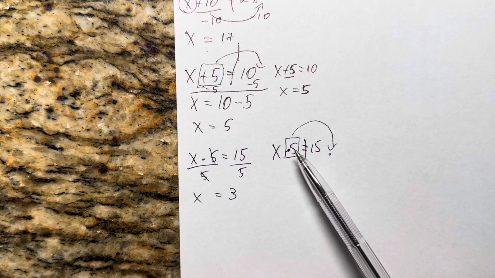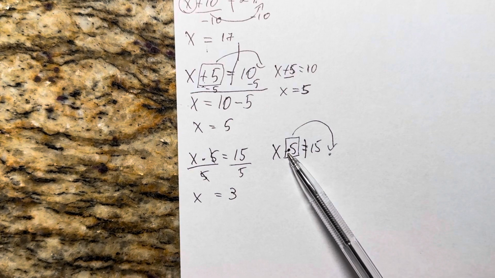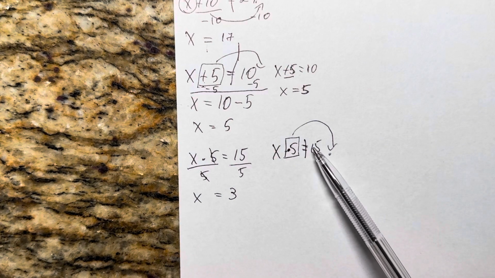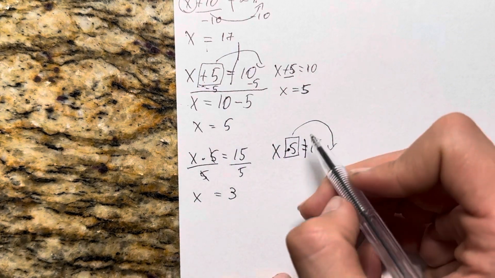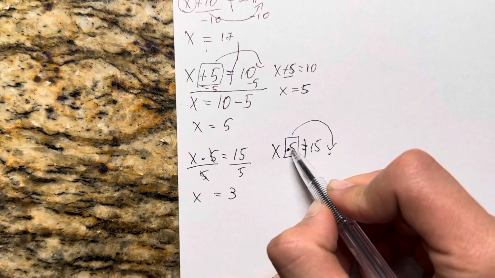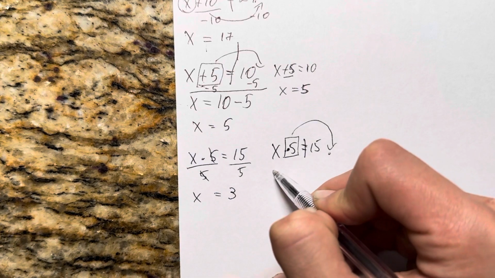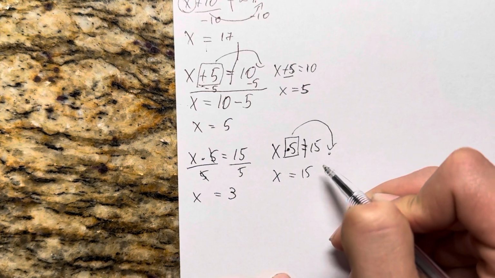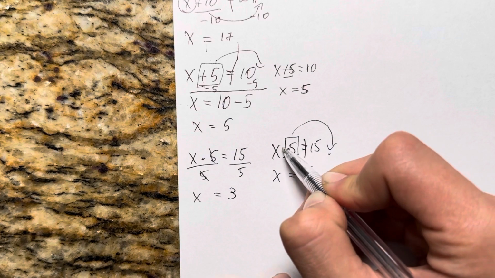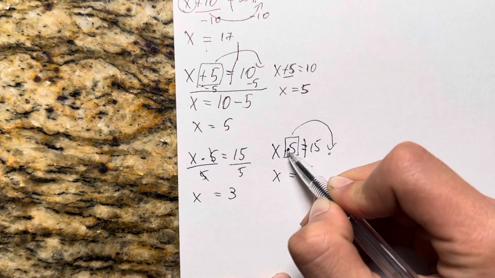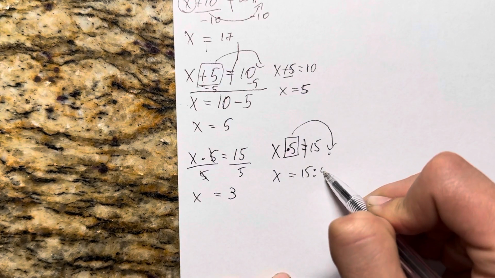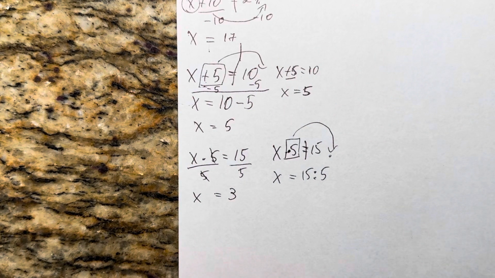The opposite sign of multiplying is what? Dividing, right? So if you move multiply by 5 to the other side with the opposite sign, you'll get x equals 15 divided by 5. Remember, you move this with the opposite sign, so you'll get this, right?